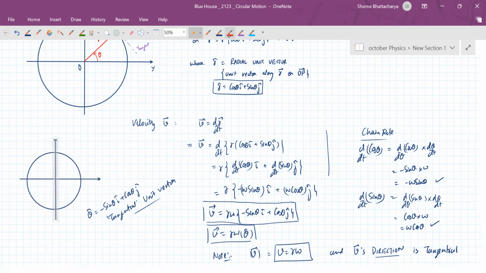At any point of time, wherever the particle is located, the velocity vector of the particle will be along this sort of direction, along the tangent.